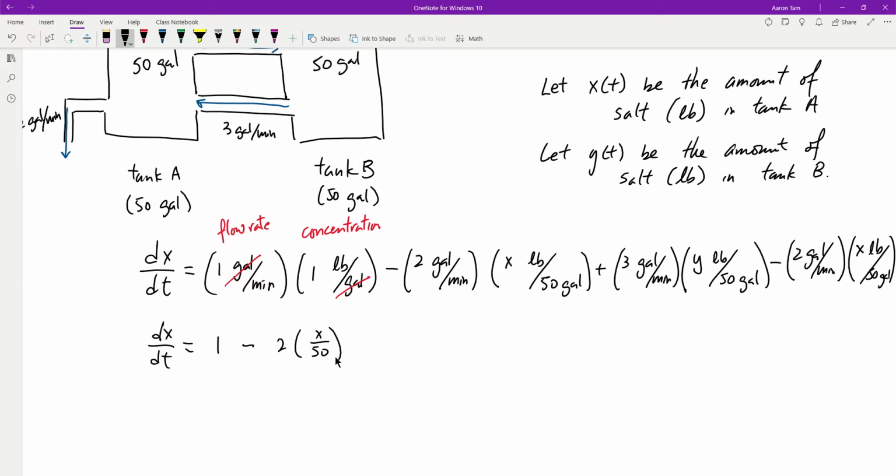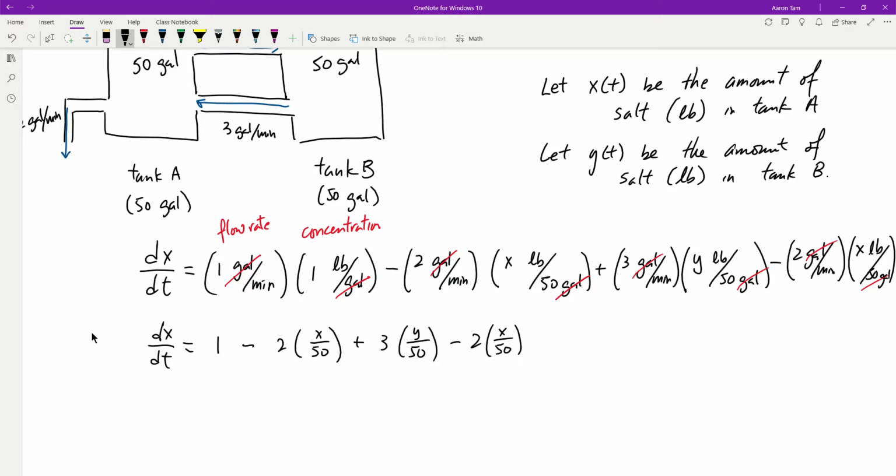I'm dropping the unit because, notice, the unit will be the same. As a matter of fact, all of them have the same unit. Plus 3 times y over 50, minus 2 times x over 50.